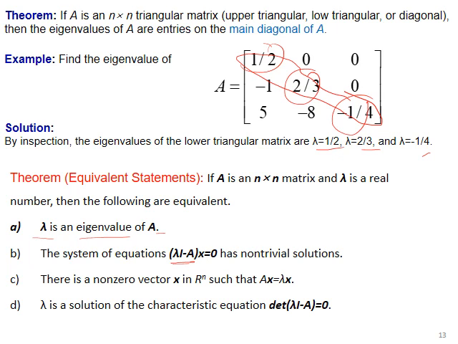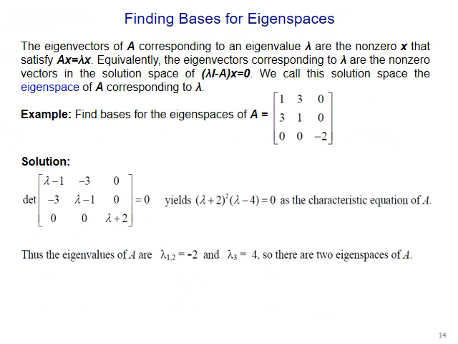It could be repetitive. Also there is a non-zero vector x, which represents Ax equals lambda x, and we can solve the characteristic equation to find lambda as we mentioned. Now, after we finish this, let's go find the eigenvector. For each eigenvalue there is an eigenvector, and putting them together we have the eigenspace.